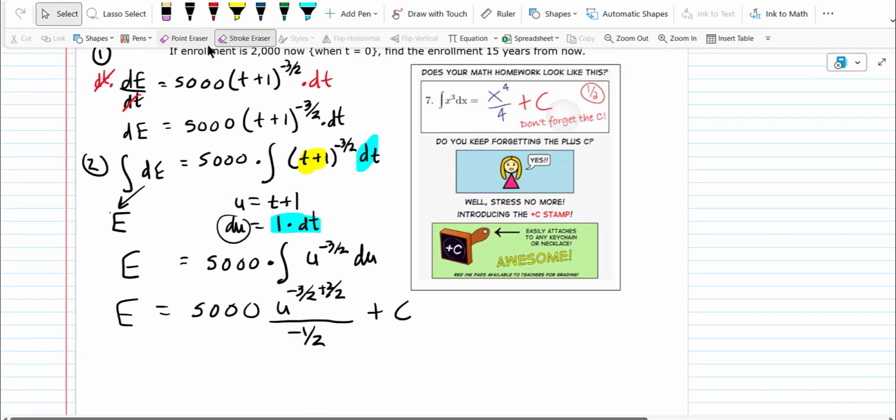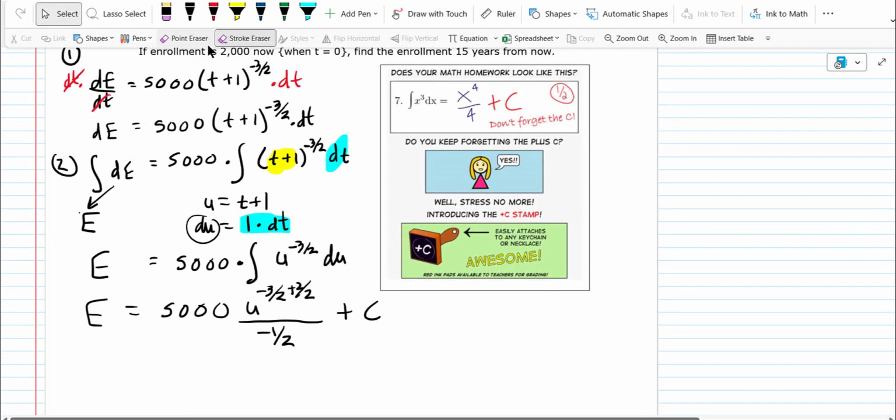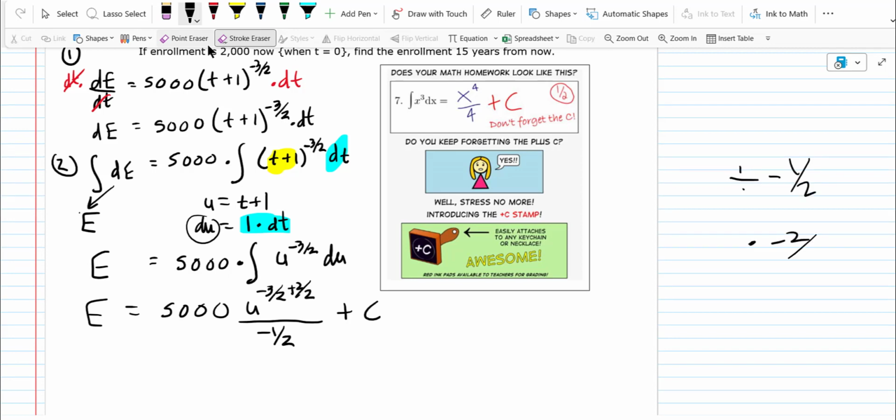What do I do with that negative 1/2? Multiply by the reciprocal, right? If you divide by negative 1/2, that's the same as multiplying by negative 2 over 1. So what you're going to get is E equals 5,000 times negative 2 over 1, or just negative 2, times u to the negative 1/2 plus C.